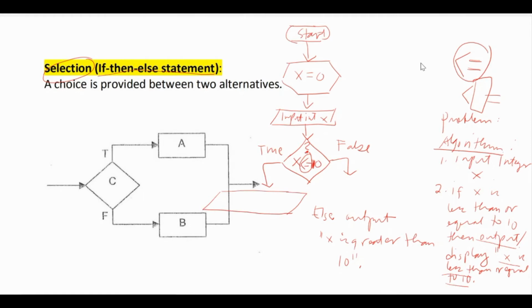Okay, so we say output the statement x is less than or equal to 10. And then if it is false, we would output x is greater than 10. Another parallelogram, we would say output the statement x is greater than 10.